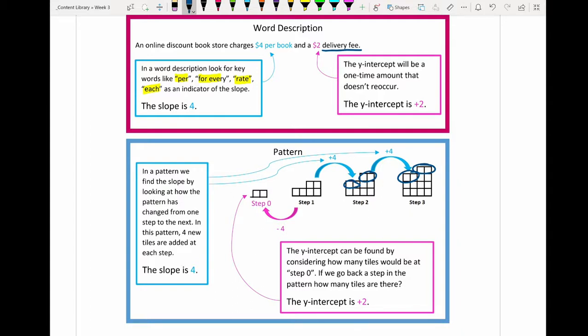So if we're increasing by 4 every time we increase a step, if I want to go from step 1 back to step 0, I'd reverse it, so I'd subtract 4. Whatever that answer is, or how many tiles or how many items there are at that step, that's my y-intercept, or that's my constant. So in this case, from going step 1 to step 0, I subtract 4 squares, and I end up with only 2. So my y-intercept is 2.